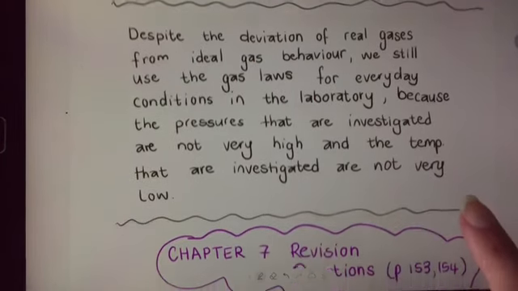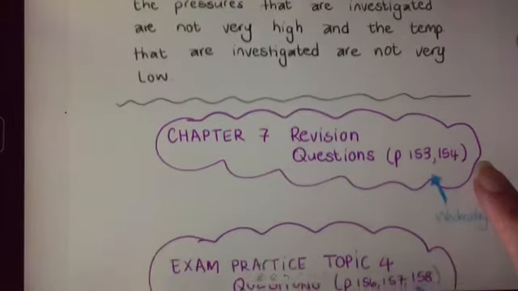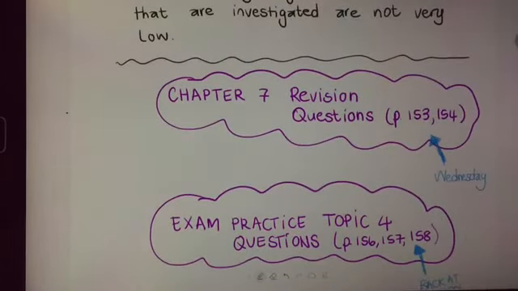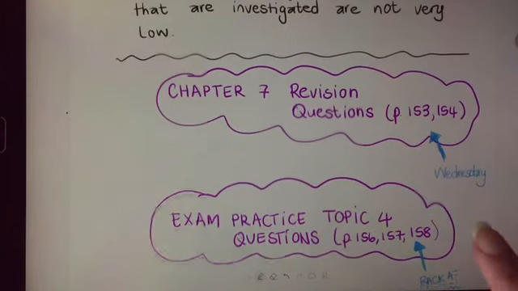Right, and that is then the end of this section. So that means that we've got chapter 7 revision questions on page 153 and 154, and there's quite a lot of them, and that is why I will only post those answers on Wednesday to give you a bit more time to answer those questions.